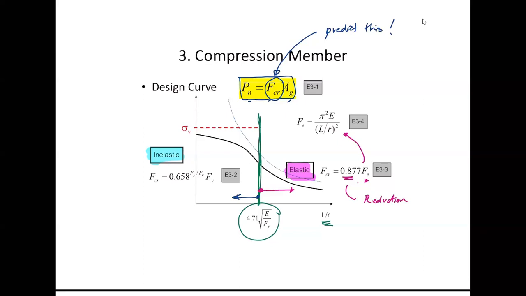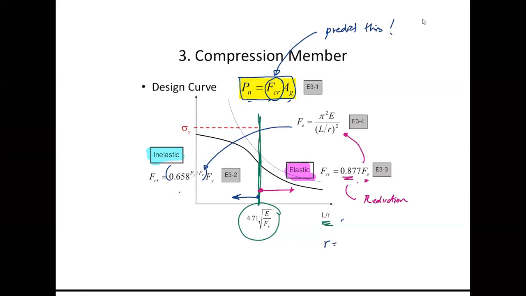Now, when it becomes inelastic, it's simply a function of this elastic buckling stress, but then it gets a little bit more complicated. So that's a formula: 0.658 to the power of Fy over Fe, and this whole thing becomes a factor and is multiplied with Fy. So it's just simple. Once you know your member, you check the slenderness ratio L over r.